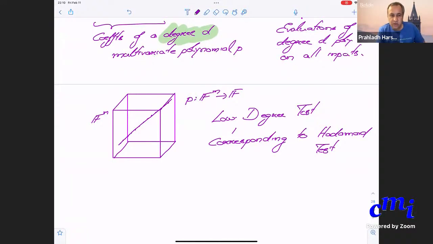The first property you want of this encoding is that it be locally testable: you want to check that the format is correct by looking at only a few locations. If the code allows for this feature, then you might be able to construct a PCP on it. We know how to do this in the case of Hadamard encodings and Reed-Muller encodings.